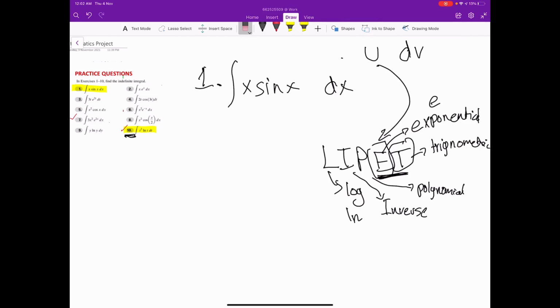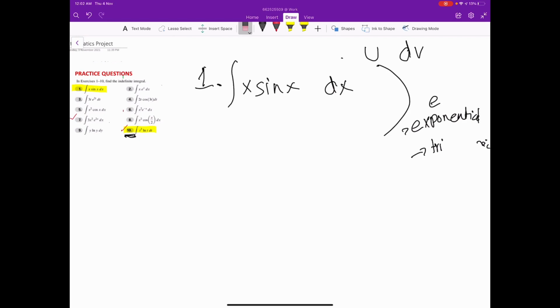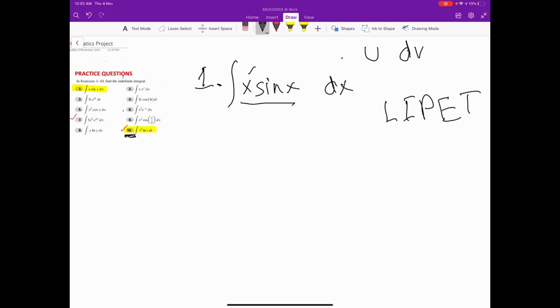Let me erase everything I wrote on the side to solve the question. All I will write is LIPET. Now we know what LIPET means. In this question, we have a polynomial and a trigonometric function. LIPET helps us identify the u. Don't forget this.